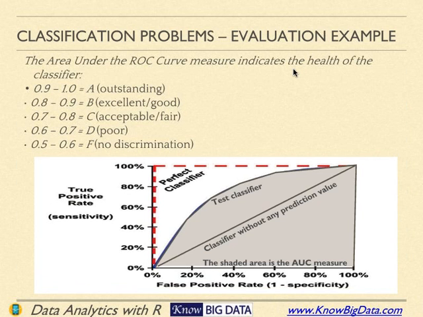All it means is the perfect classifier is the one which gives 0 false positive and 100% true positive, meaning this point.